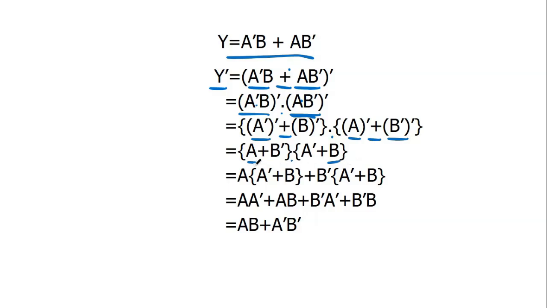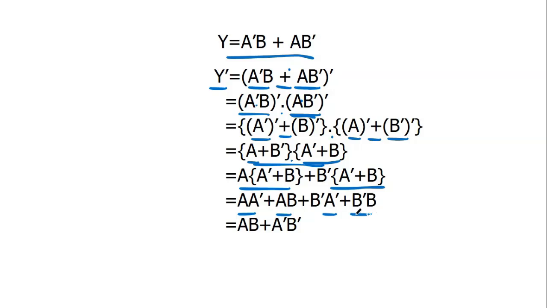Now we try to expand these terms in the braces. Hence we get (A plus B complement) ANDed with (A complement plus B). On expanding these terms, we get A A complement plus AB plus B complement A complement plus B B bar.